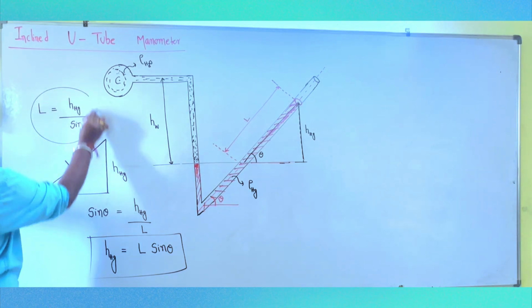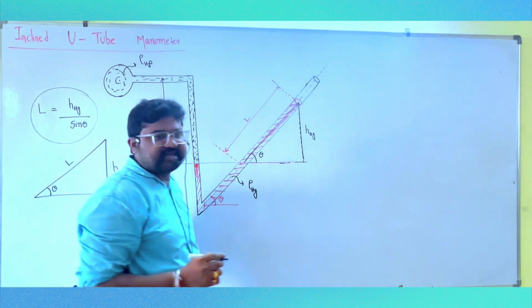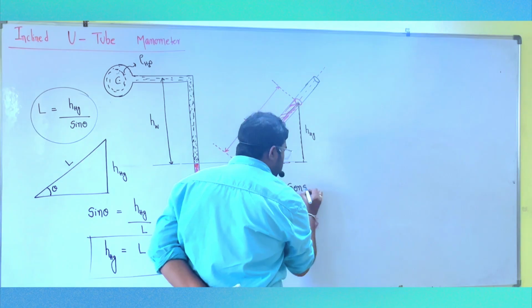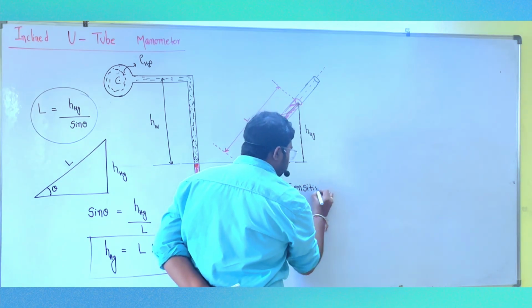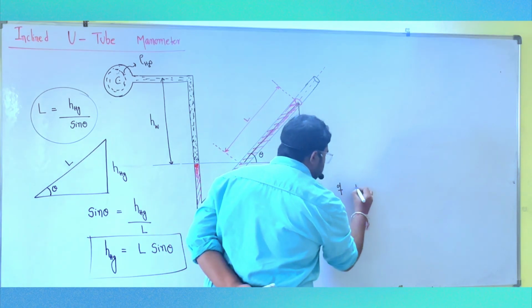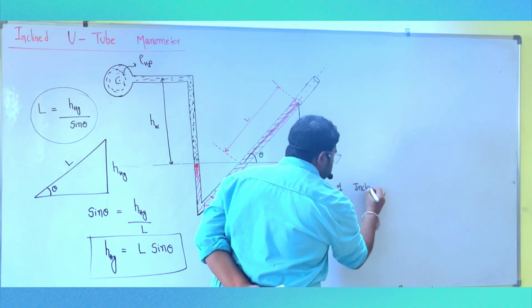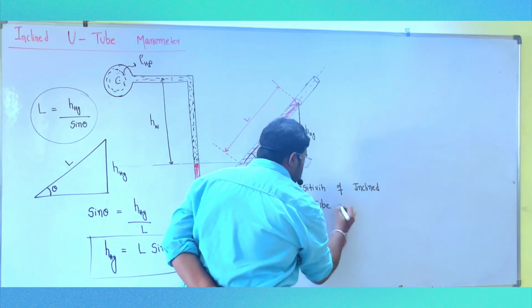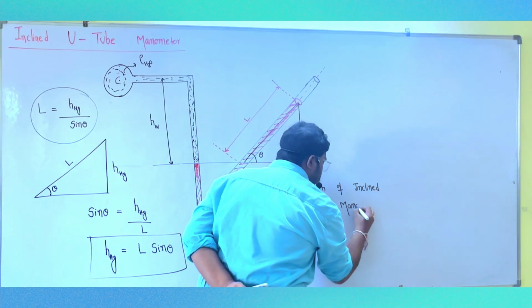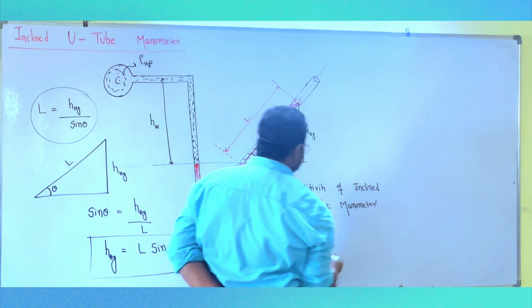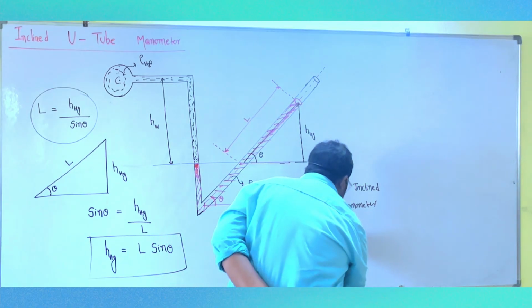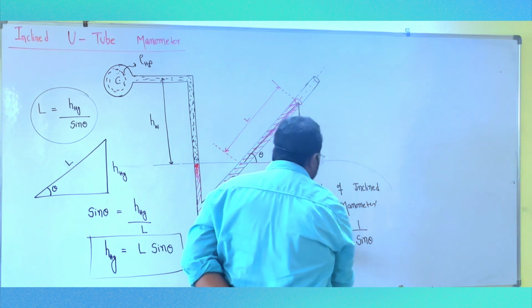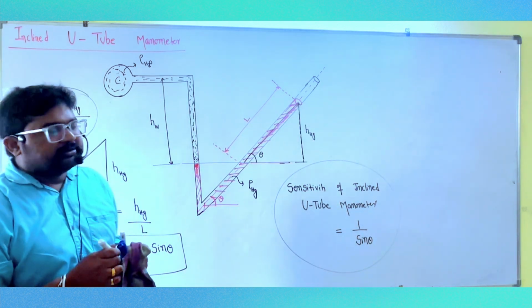So 1 by sin theta is the sensitivity of the inclined U-tube manometer.